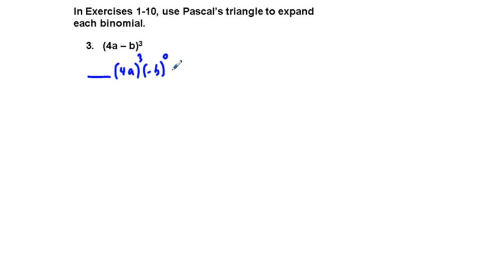0 plus the coefficient we're getting from Pascal's triangle. We're going to have 4a, 4a squared, and then we're going to have negative b to the first power, and that's going to be it, plus some coefficient.